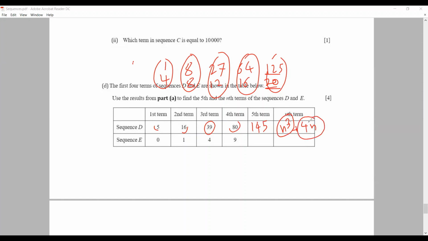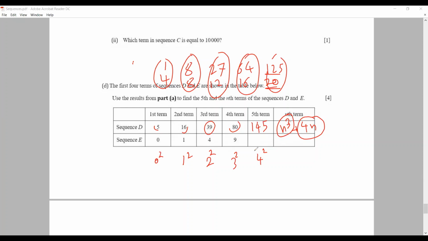Now, the last sequence, E, well, I can't see any connection between E and previous sequences. However, if you look at these numbers, I can rewrite this as 0 to the power of 2. This one I can write as 1 to the power of 2. This guy as 2 squared, 3 squared, 4 squared, right?